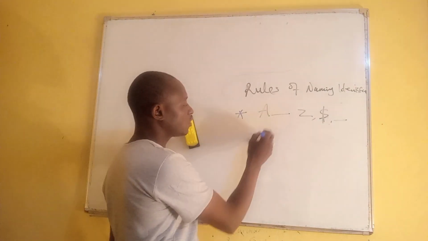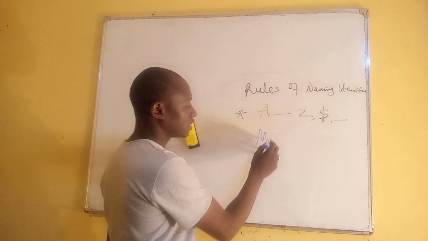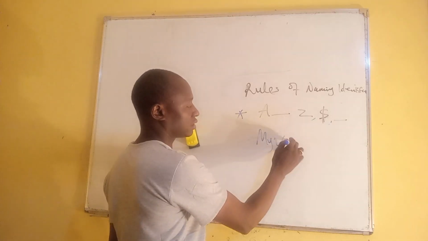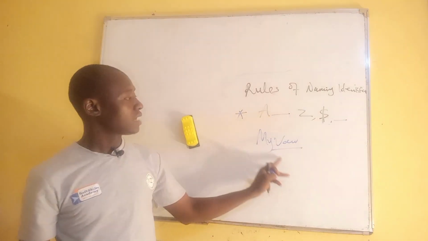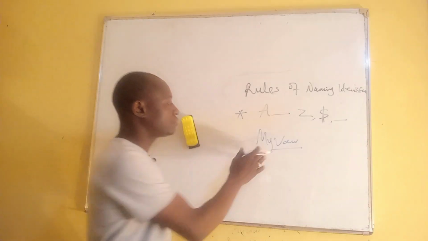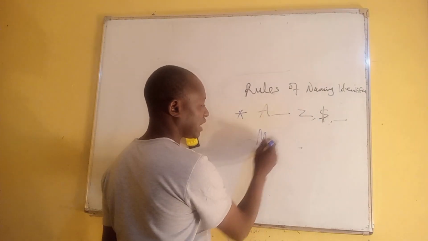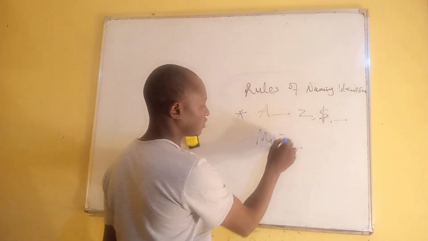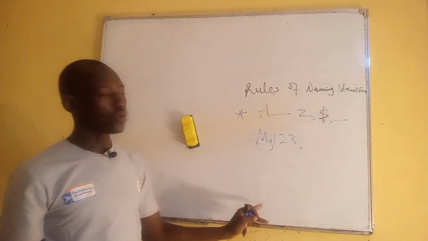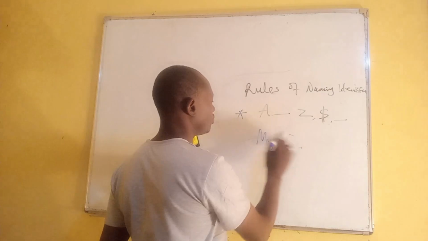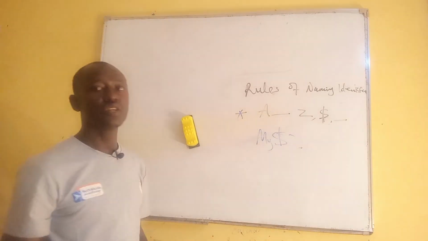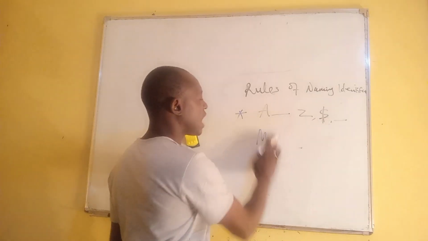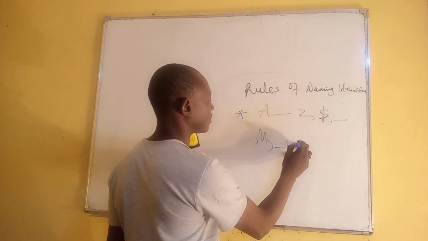After you start maybe myVar, you see the subsequent ones here are letters. And also the subsequent one can be a digit. After my, you can say 1, 2, 3. Or after my, you can say dollar, that's the currency, right? Or after my, you can say underscore var.